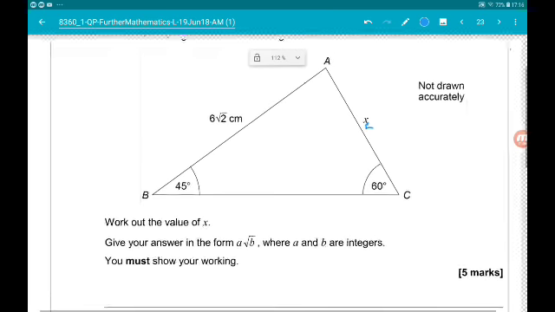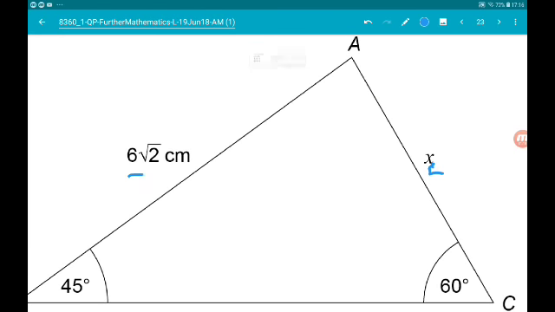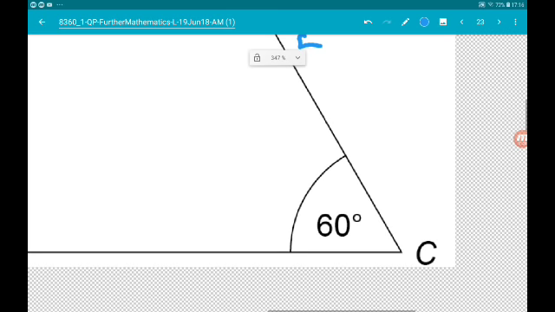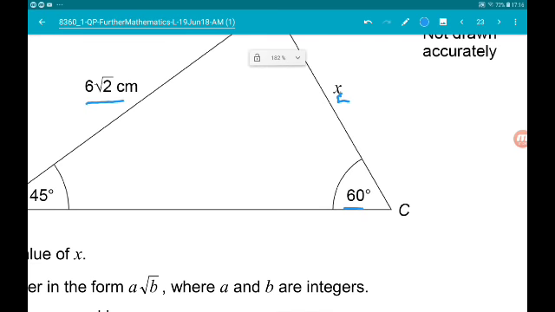Okay, so we're in a non-right angled triangle. We have a matching pair of known side and known angle, and we know another angle, so we can use the sine rule.